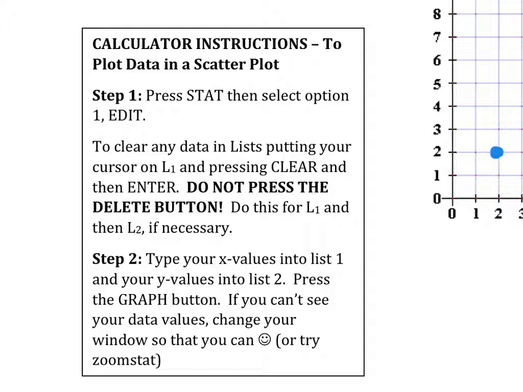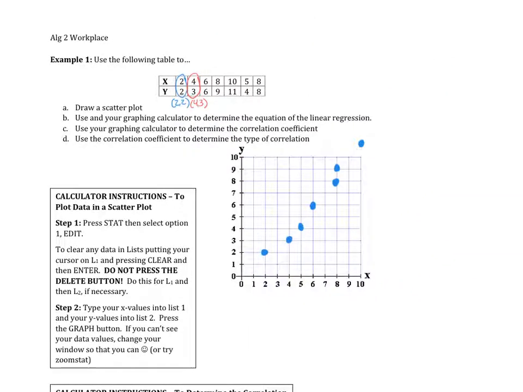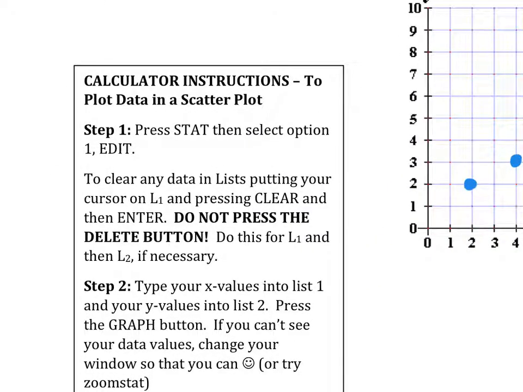Those are 10, 9 points. Oh, cool, that means I fixed it on yours. Okay. So you hit the stat button, and then under the first option should say edit, so you hit enter.